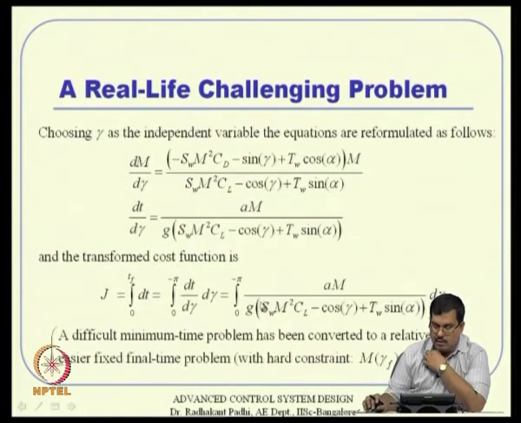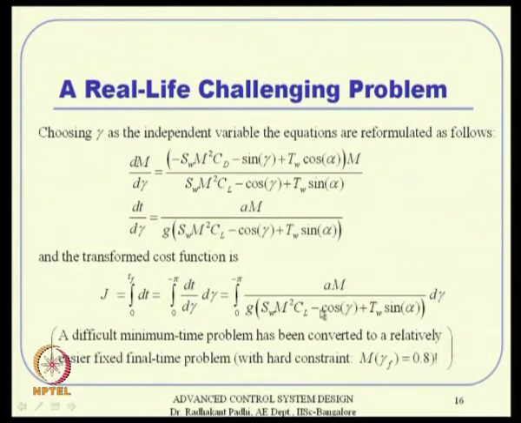So, that has taken care of the limits. And here what you are putting is dt by d gamma into d gamma, which is nothing but dt. So, with this change of variable we are not compromising the goal; you are still solving a minimum time problem anyway. But while changing that, the problem appears in terms of gamma, from 0 to minus pi.